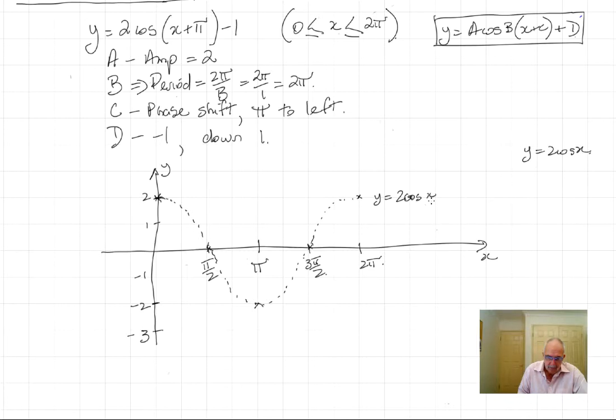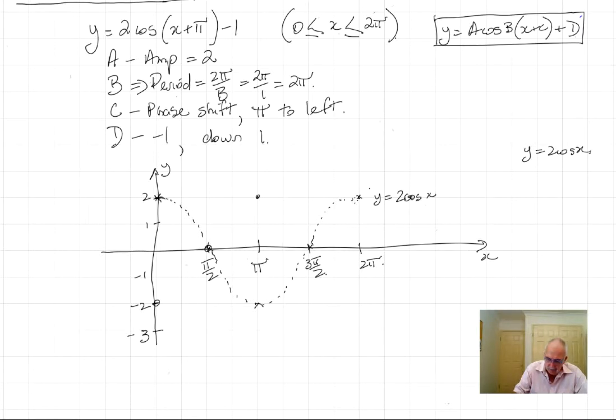One complete cycle. Then we're going to move every point pi to the left. Now this one works pretty good. So my 2 pi point is going to move back to there. So that point there, I will do in circles now. So that point has moved pi to the left. This point will go back to there. So I'm actually coming back down, so it's going to go through there. This point here will go to there.